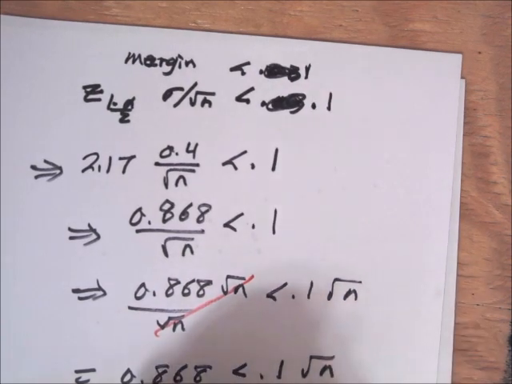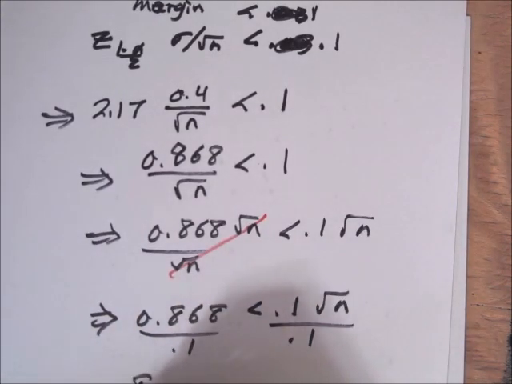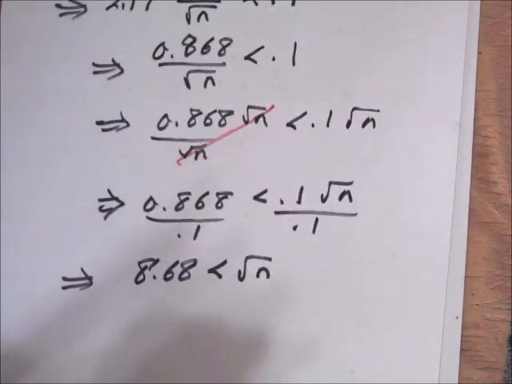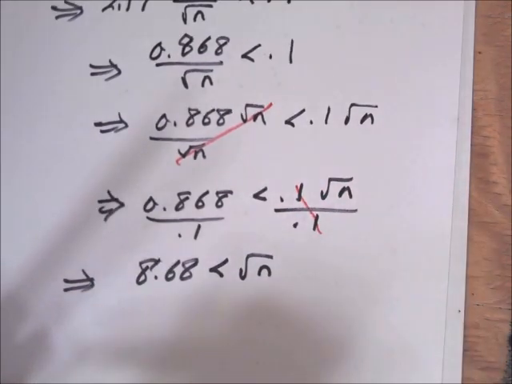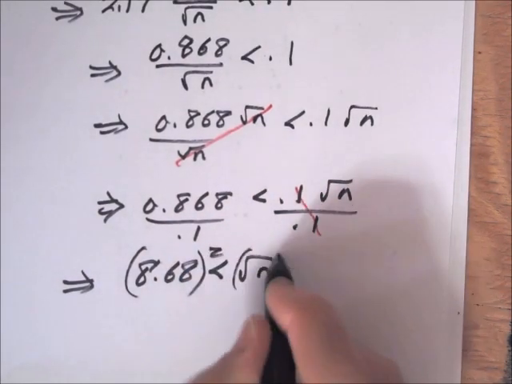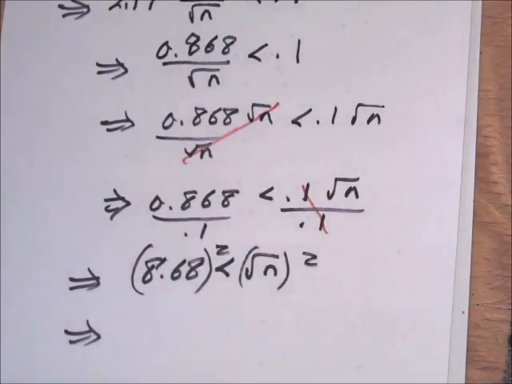Divide both sides by 0.1, and the 0.1s cancel: 8.68 less than root n. Then square both sides. The square and the square root cancel, and 8.68 squared gives 75.3424.